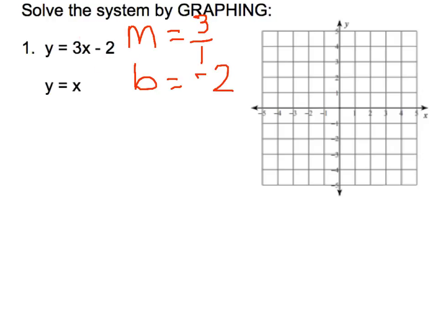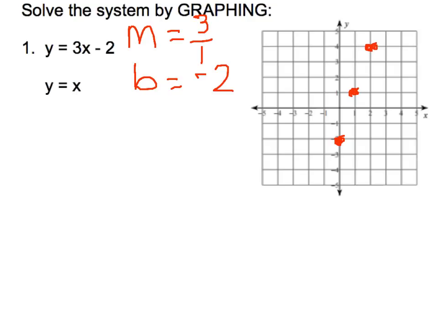So I'm going to go to my graph and graph this equation, starting at negative 2, which is my y-intercept. And I'm going to use the slope, 3 over 1, to go up 3 and right 1. All right, up 3 and right 1. At this point, you need to grab a straight edge and connect these points with a ruler.